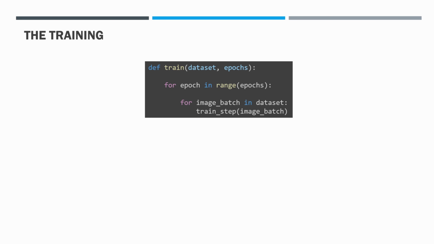So for the training, it's fairly straightforward. We take our dataset, we divide it into training batches of images, and one batch at a time is passed to the training step of the two networks, after which the feedback phase will also run, and we do it for the number of epochs that the training is configured for.